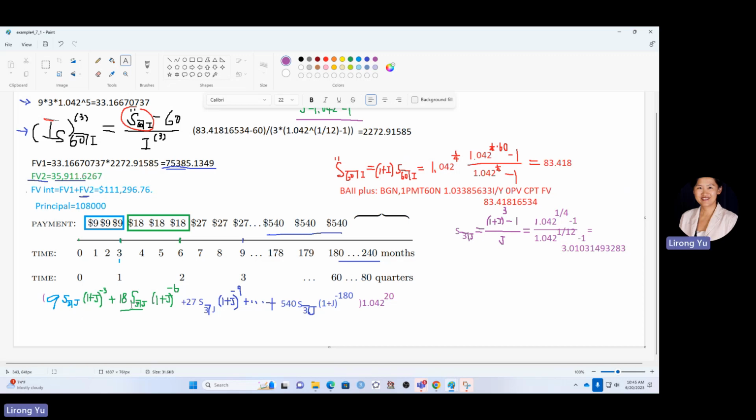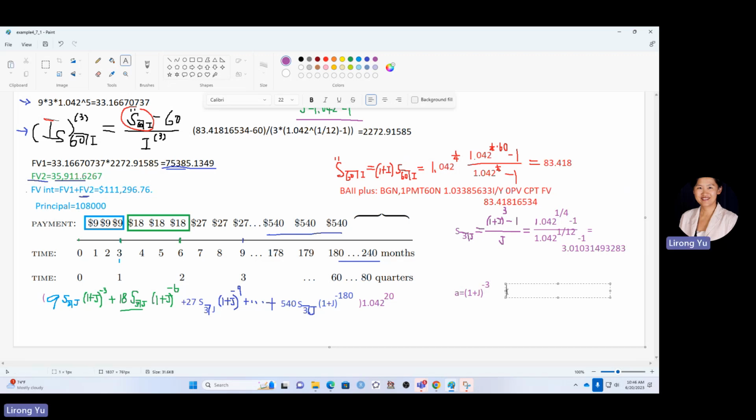Okay, so then we can look at all the other calculations that we got here. For this calculation, we have to try to think of an easier way to do the computation. Now, let's use a new notation. Suppose A represents 1 plus j to the power of negative 3.